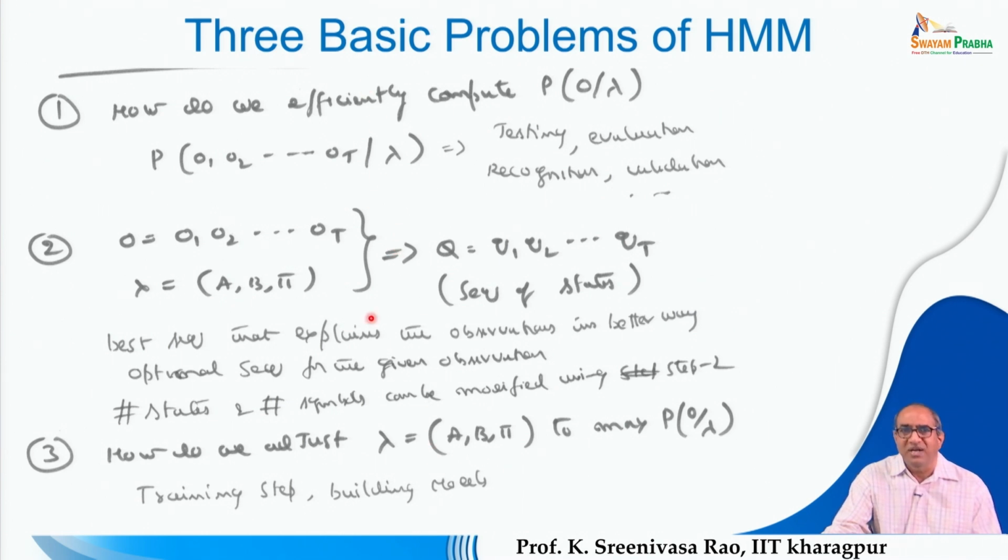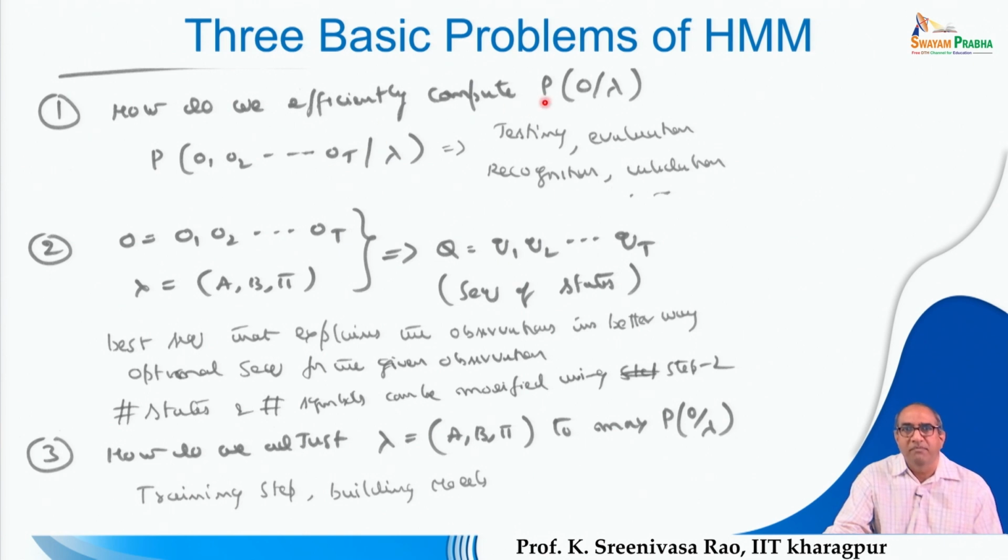After estimating that, by comparing all those probabilities we can take a decision on which word this particular sequence of feature vectors belongs to. So, solving the first problem will be useful for the recognition step. And here you can see we are bothered about sequence, not just a set of feature vectors; these are sequences of feature vectors.